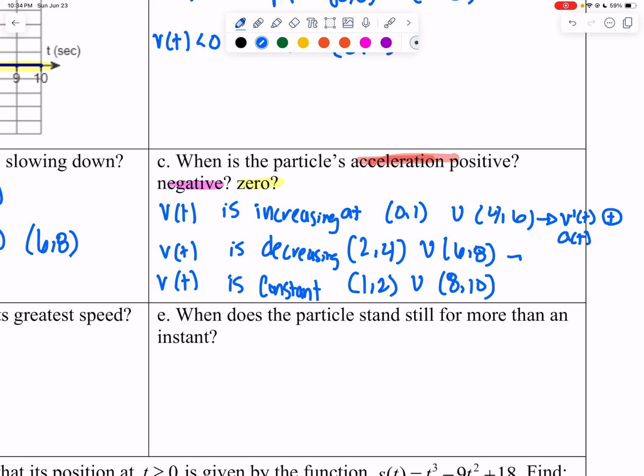V of t is decreasing, which means acceleration is negative. And then when v of t is constant, that means that a of t is 0. Okay, that's much better. Sorry, guys.